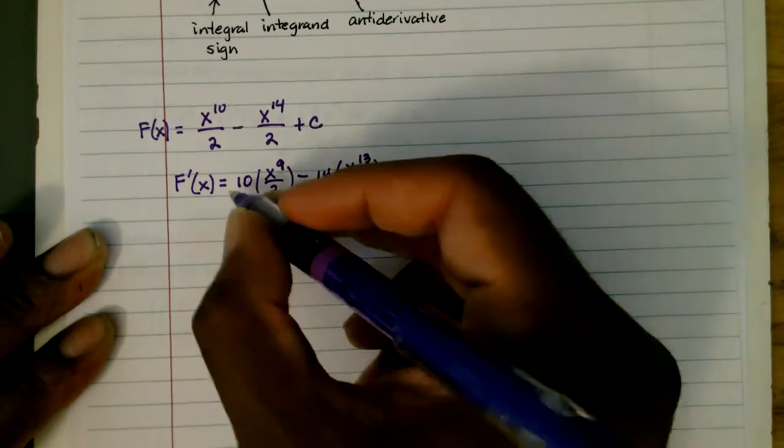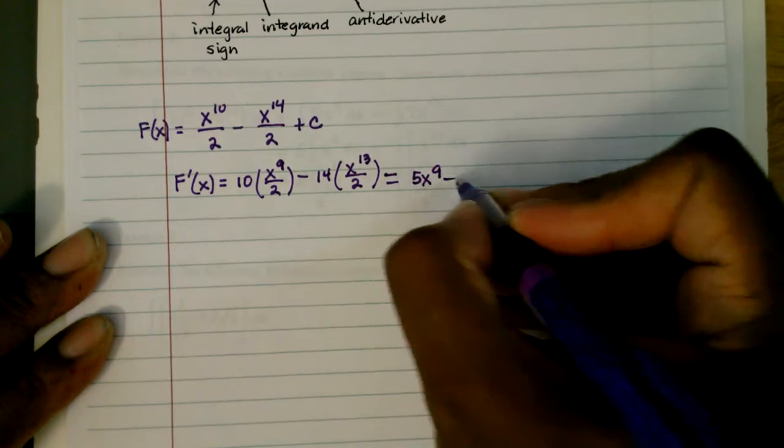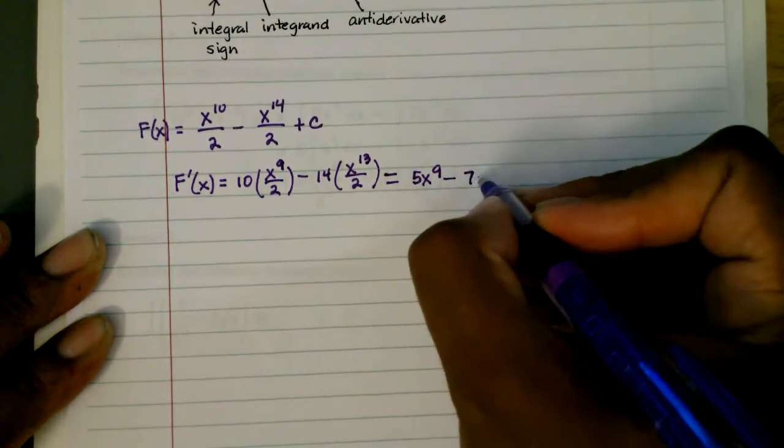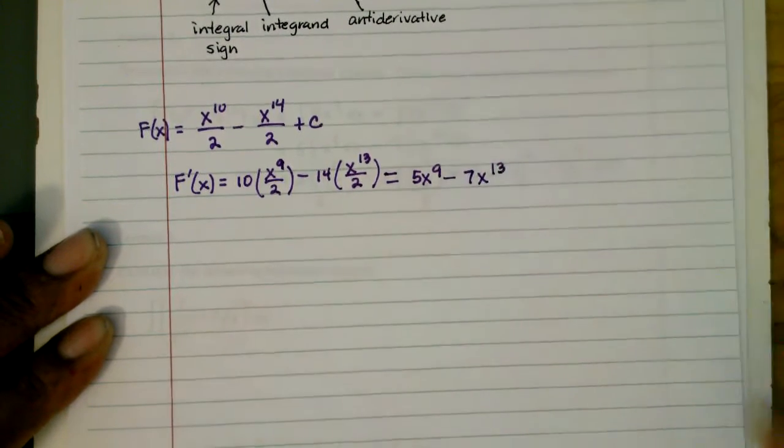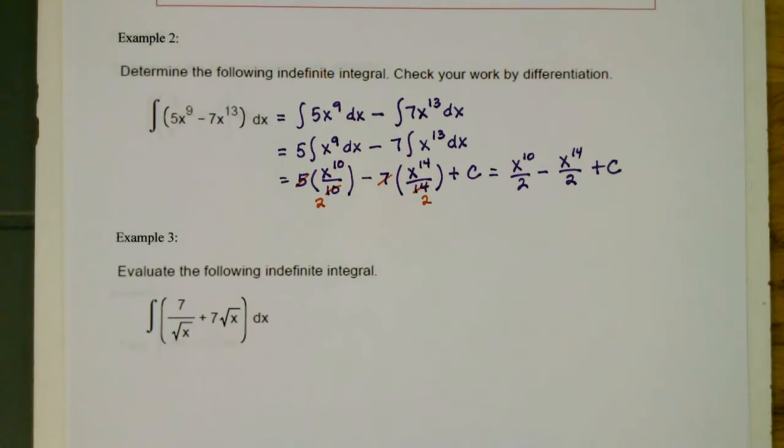So that means 10 divided by 2 will be 5. So I have 5x to the 9th minus 14 divided by 2, which is 7x to the 13th, which is the same as this integrand that I came up with. So that means I've taken that derivative, taken that integral correctly.